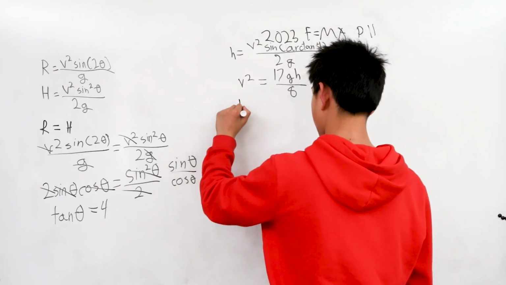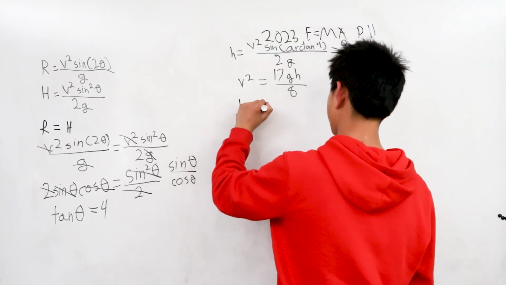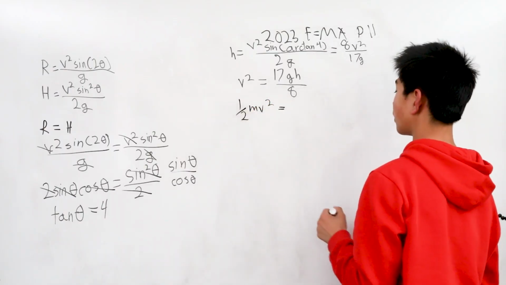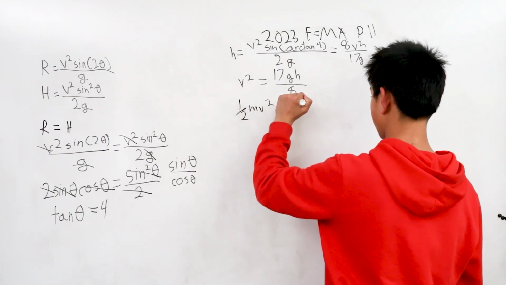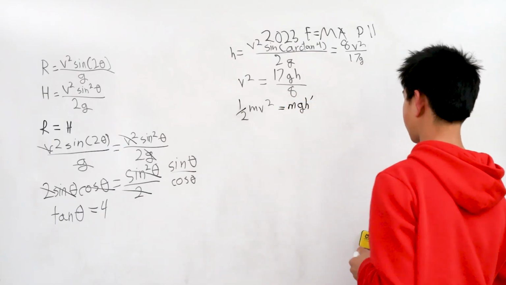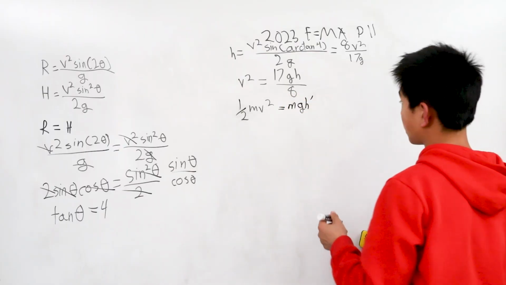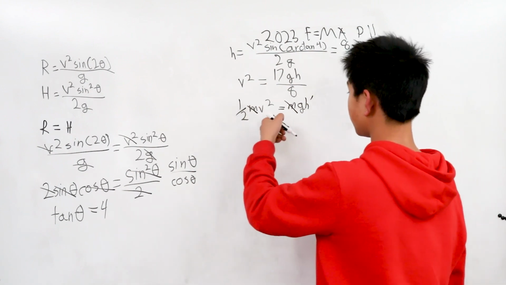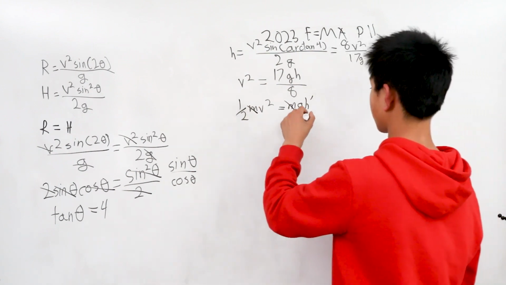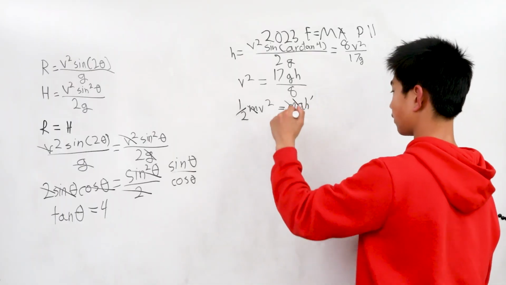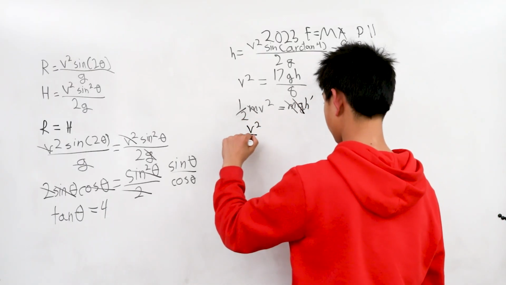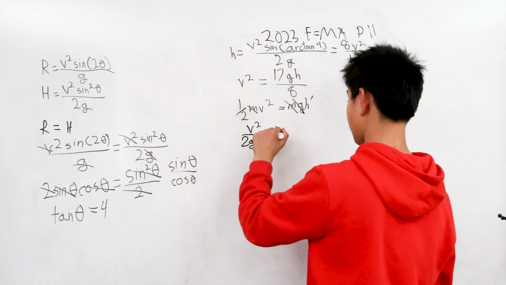We can use the property that in this case 1/2 mv squared is equal to mg h prime, or max height, so the m's cancel out. Then we want to solve for h prime, so v squared over 2g is equal to h prime.